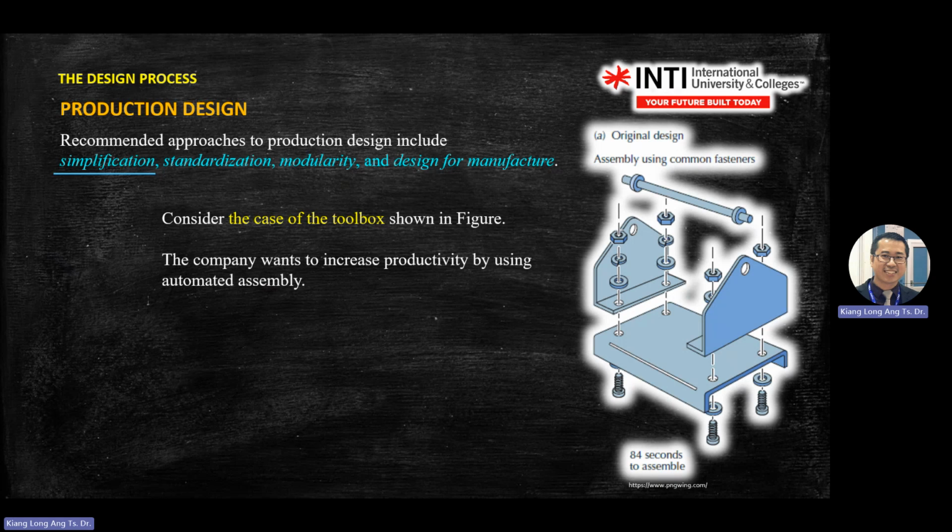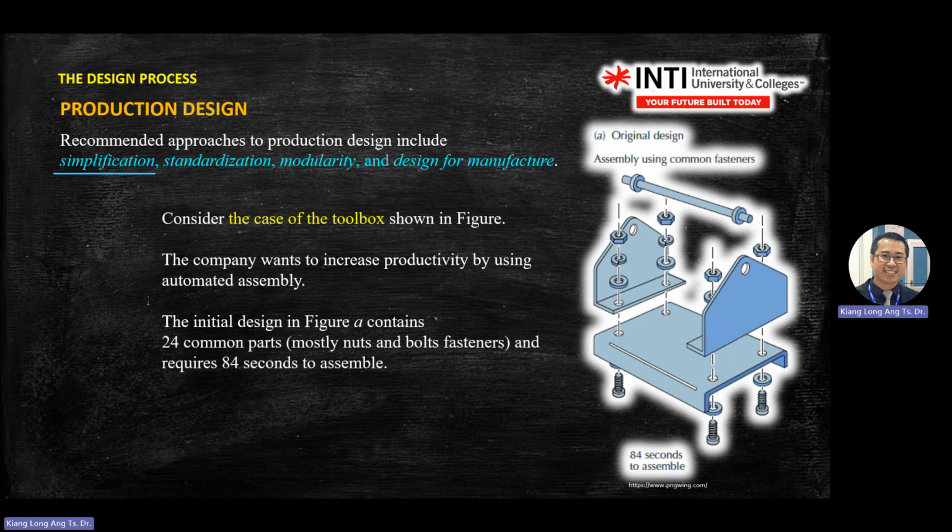The company intends to automate the assembly, meaning they want to buy a robotic arm to do the process. So this is their early design for the toolbox. This toolbox contains what? It contains 24 parts, mostly bolts and nuts. So you count, there are 24 assemblies.